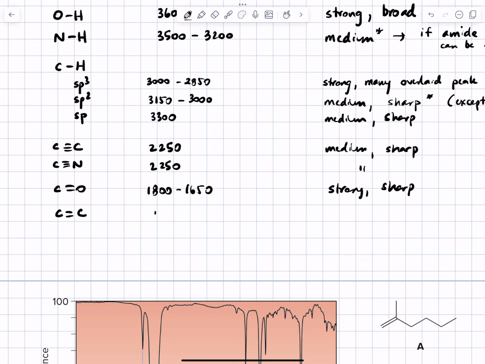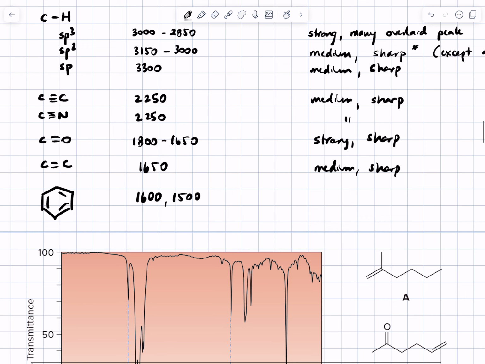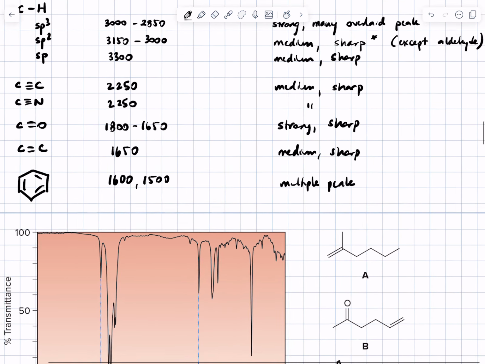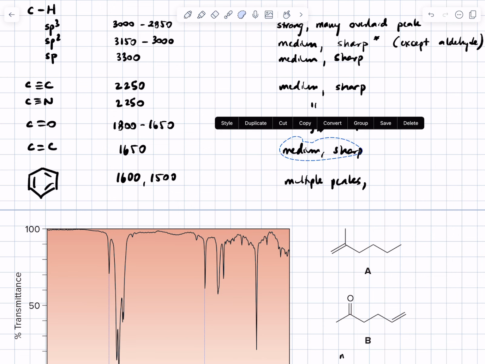Carbon-carbon pi bonds, as I said, absorb close to the same region, but are weaker. And then we could include in the carbon-carbon double bond the benzene rings. There tend to be multiple peaks for a benzene ring, and these tend to absorb in the same general area as the carbon-carbon double bond, though at slightly lower frequency. They should also be sort of medium and sharp.